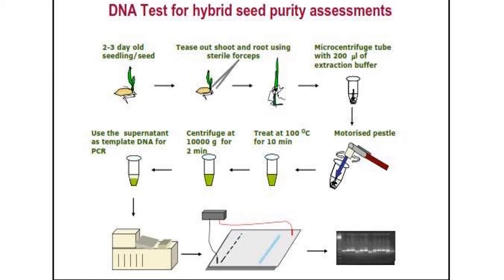Subject it to motorized pestle for grinding. Then treat it at 100 degrees Celsius for 10 minutes. Then centrifuge at 10,000 rpm for 2 minutes. Then use the supernatant as template DNA for PCR. Then subject to PCR, run the gel and get the image. Finally score the bands.